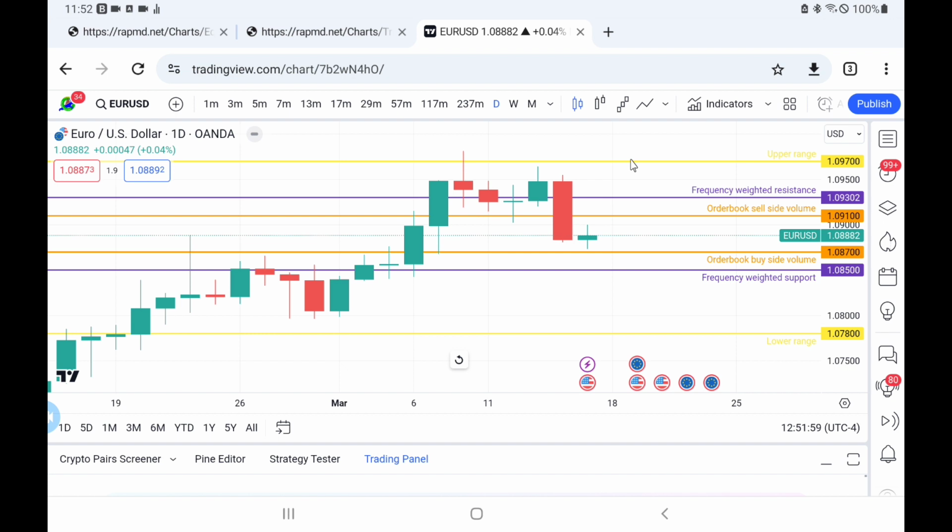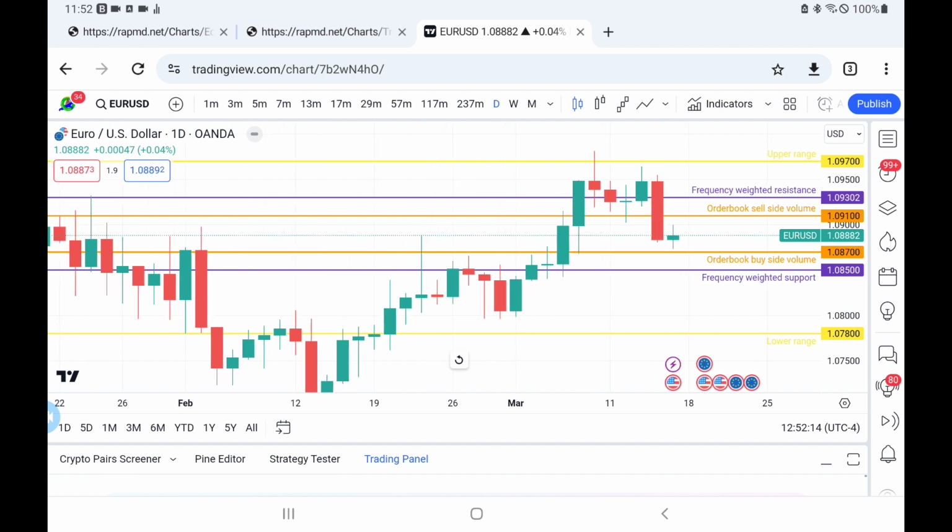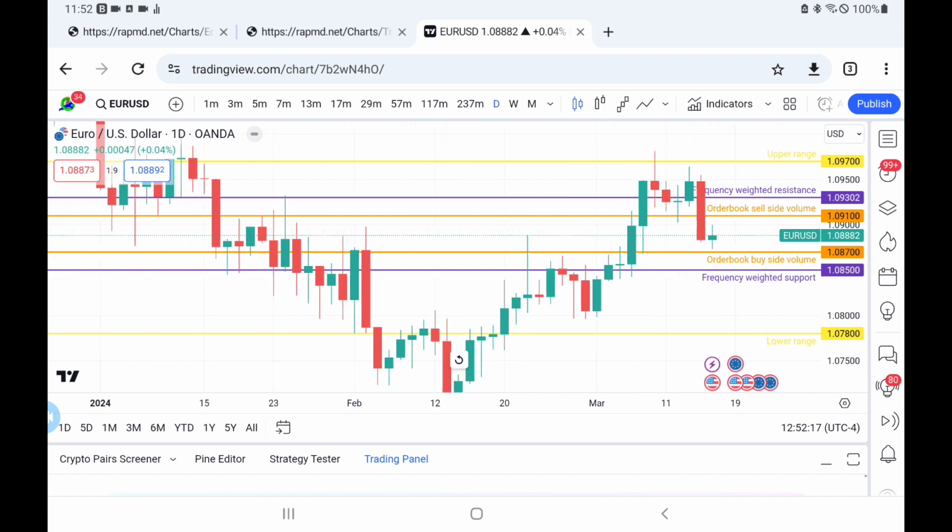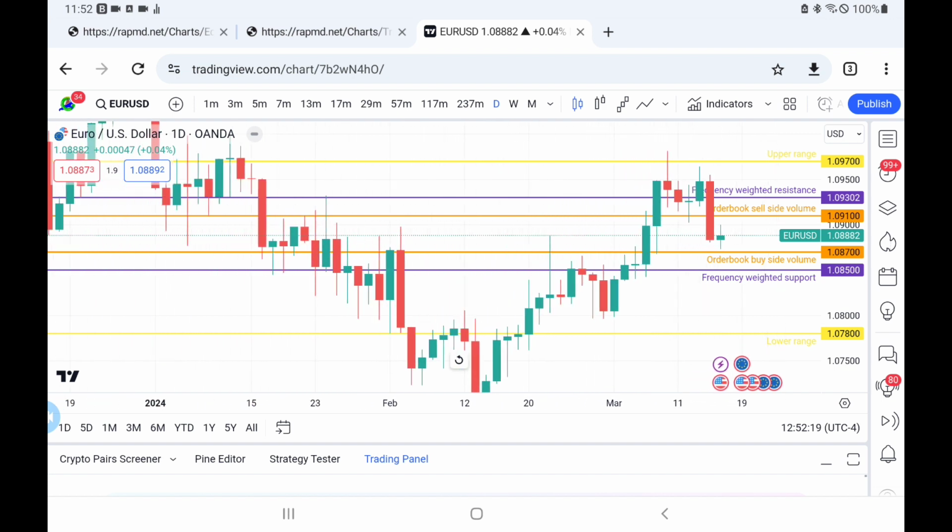That's not to say it's impossible or that it won't happen, because it can happen and has happened several times in the past. Just that overall, when you look at the order book at a bigger picture, the pricing suggests lower values for at least a little longer.